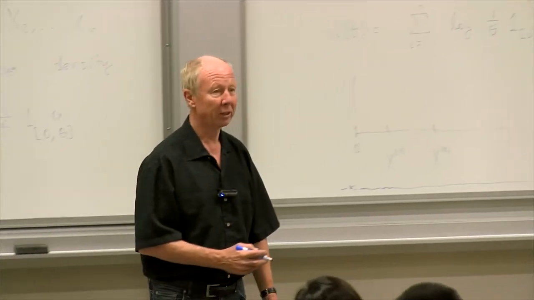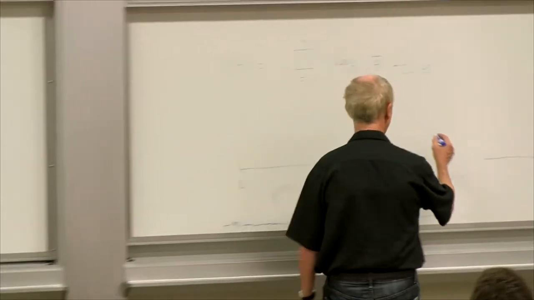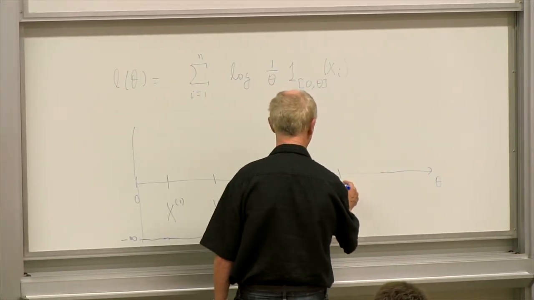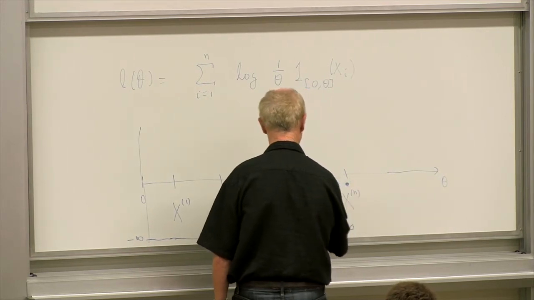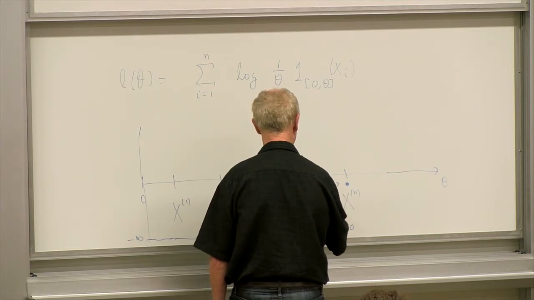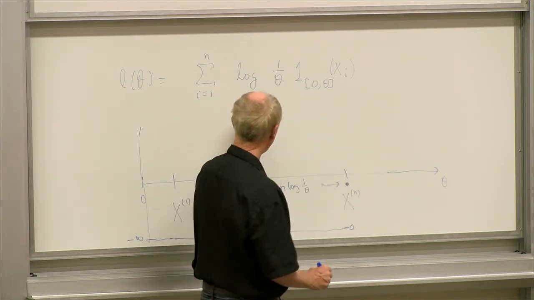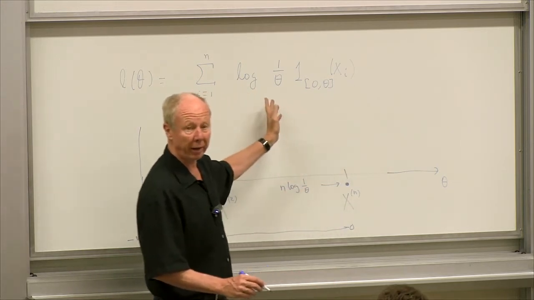Which do you prefer? Let's take theta bigger than 1, then it'll be a negative number. So we'll jump to n log 1 over theta. And from then on, as a function of theta, it'll be n log 1 over theta.